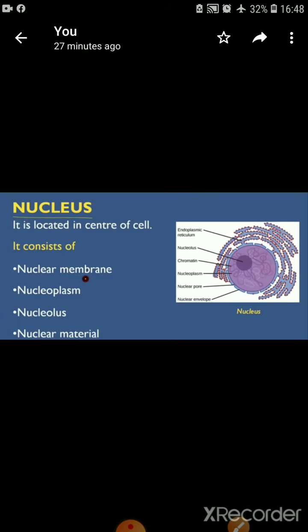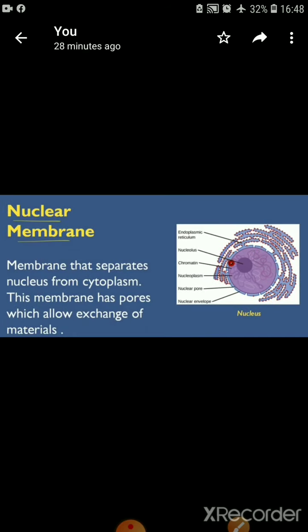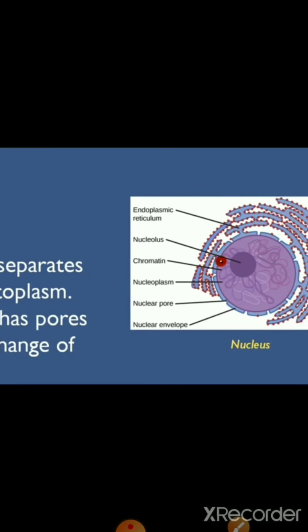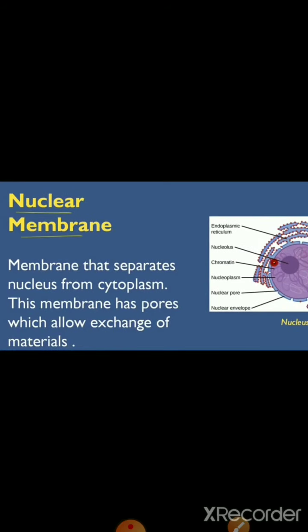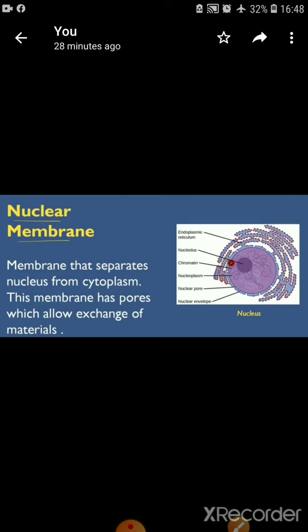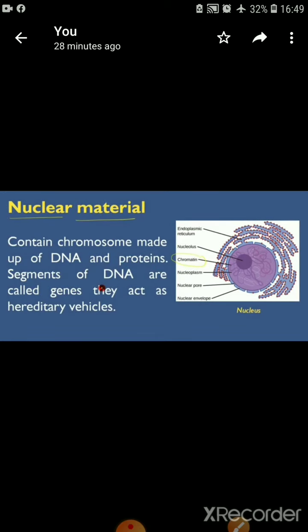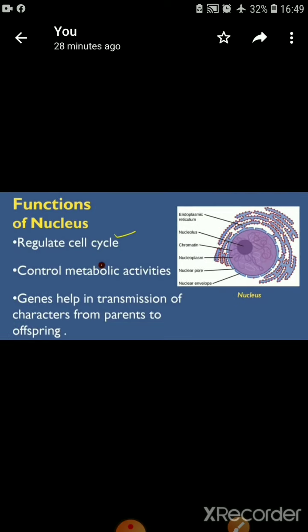Next we discussed the nucleoplasm, the living liquid-like structure inside the nucleus. Next the nucleolus, the small round body inside the nucleus. Again we discussed the nuclear material, which has DNA and RNA, the genetic material, and acts as hereditary vehicles.